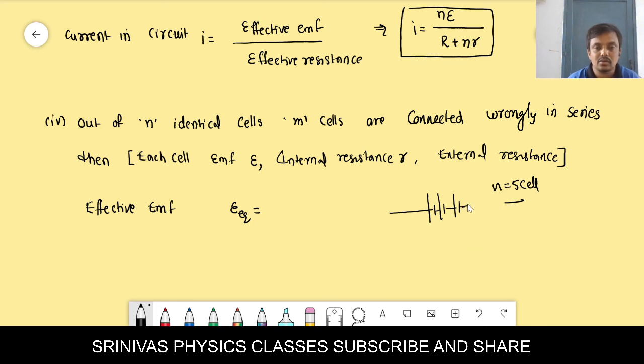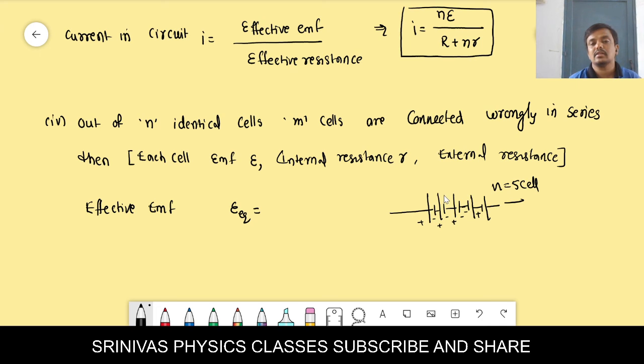Negative should be connected to positive. Negative of the first cell connected to positive of the next cell is the right connection. But I am connecting negative to negative again. Two cells I am connecting wrongly, in reverse. You see here, these two cells are wrongly connected.